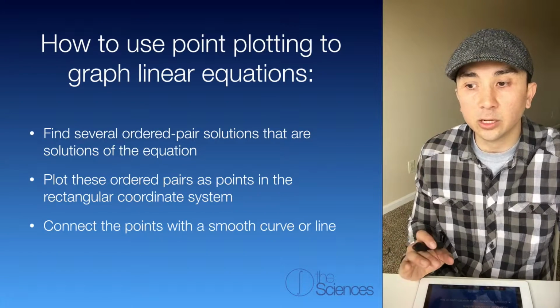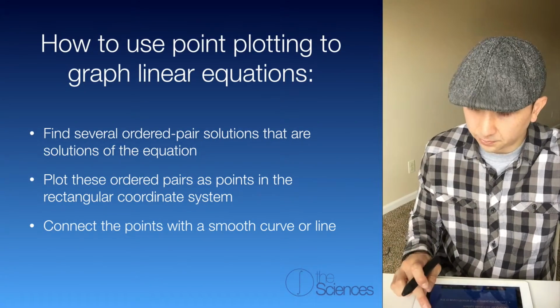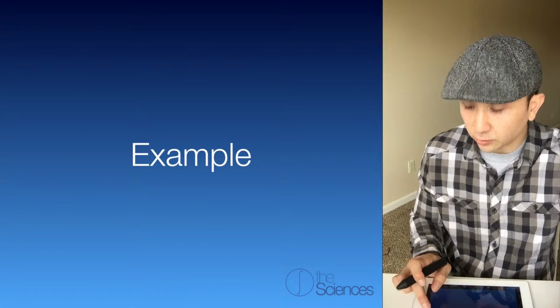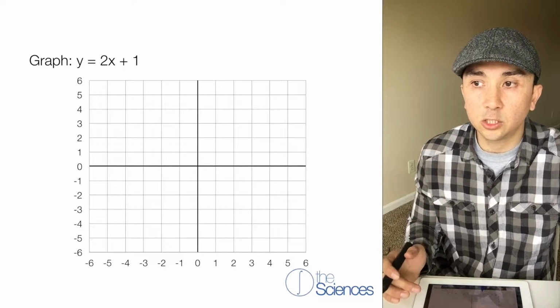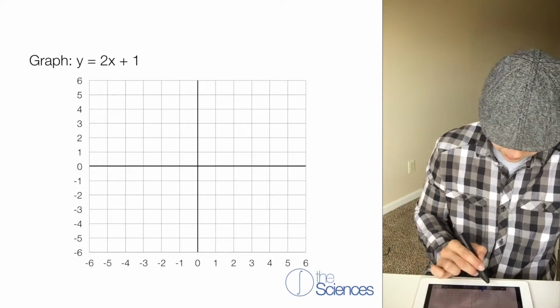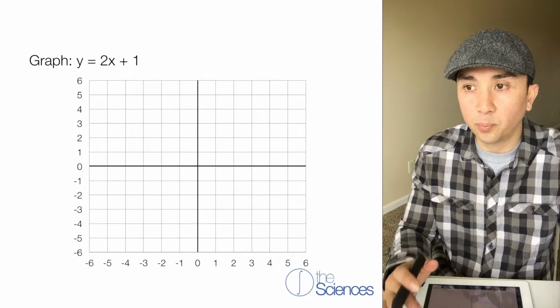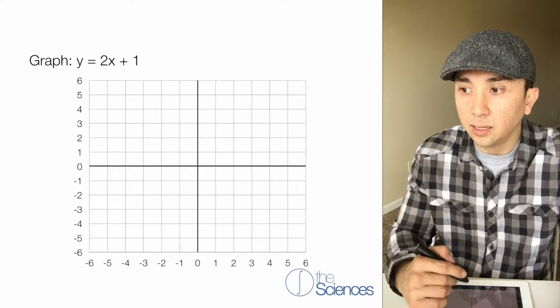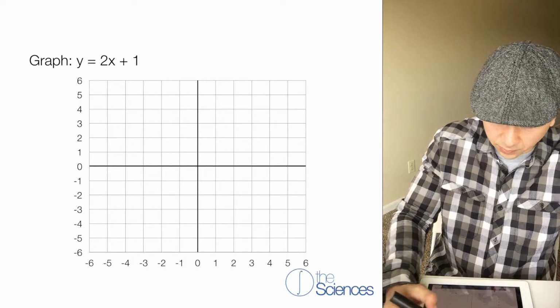And then finally, you're going to connect the points with a smooth curve or line. So let's do an example. Let's graph y = 2x + 1. What we're going to do is come up with points in the coordinate system and then plot them.